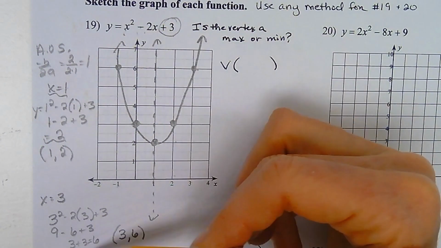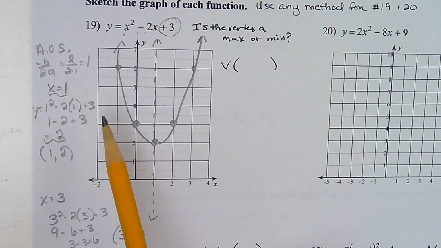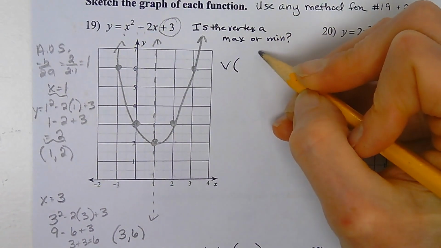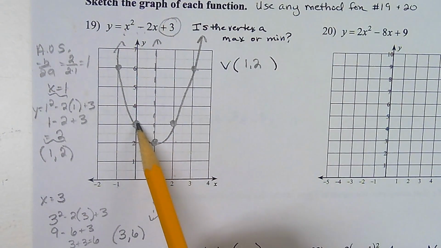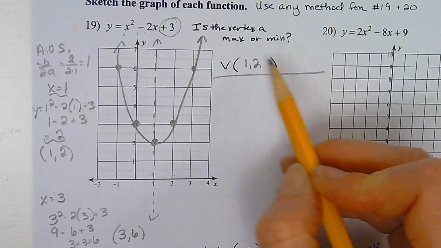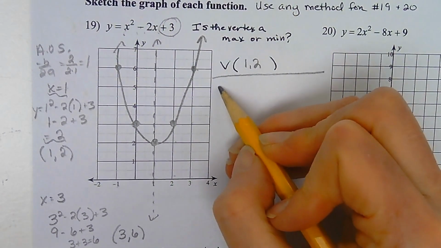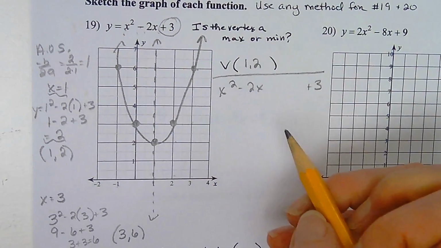You could do what I just did by finding the axis of symmetry, then finding the vertex, which was 1, 2, and then by finding the y-intercept and then plotting additional points. Or the second way would be to change this into vertex form. x squared minus 2x with the plus 3 all the way over here.